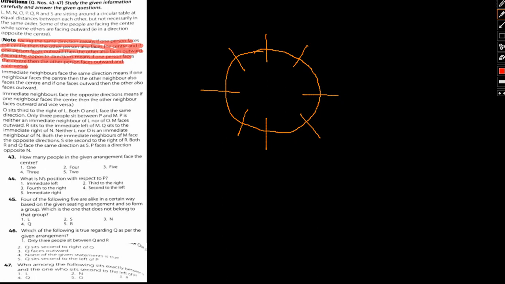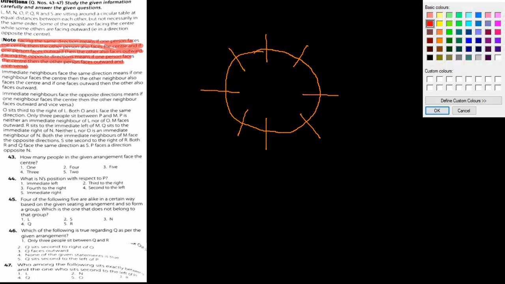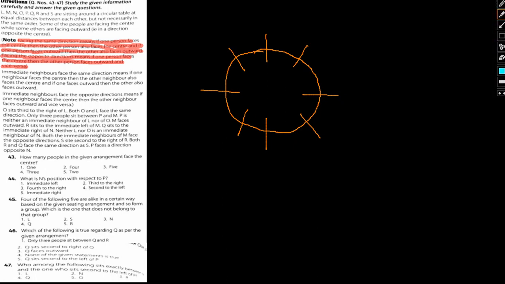Immediate neighbors facing the same direction means that if one neighbor faces the center, then the other neighbor also faces the center, and if one neighbor faces outside, then the other also faces outside.